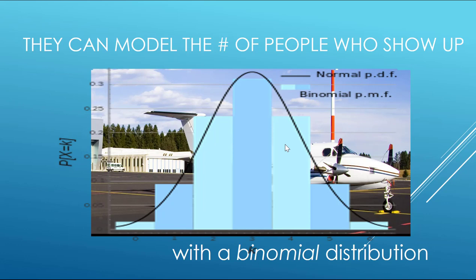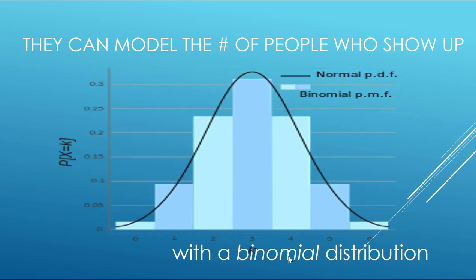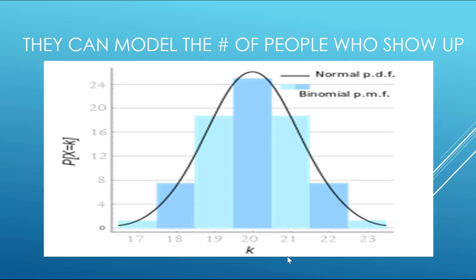Okay. And if that is true, then the number of people showing up will follow a binomial distribution. Okay, where right around 20 is about the highest number of people who show up with the odds that we have, and with, let's say, 22 overbookings.